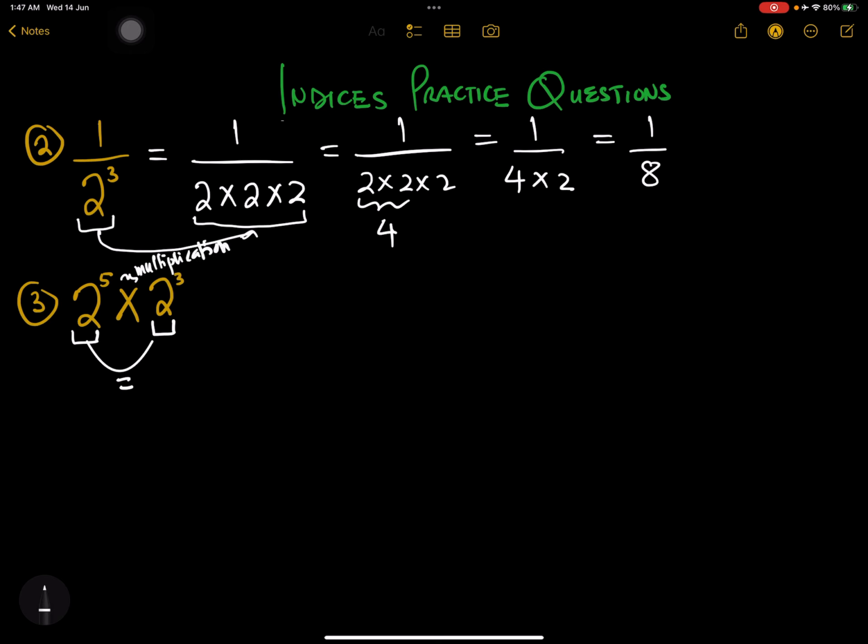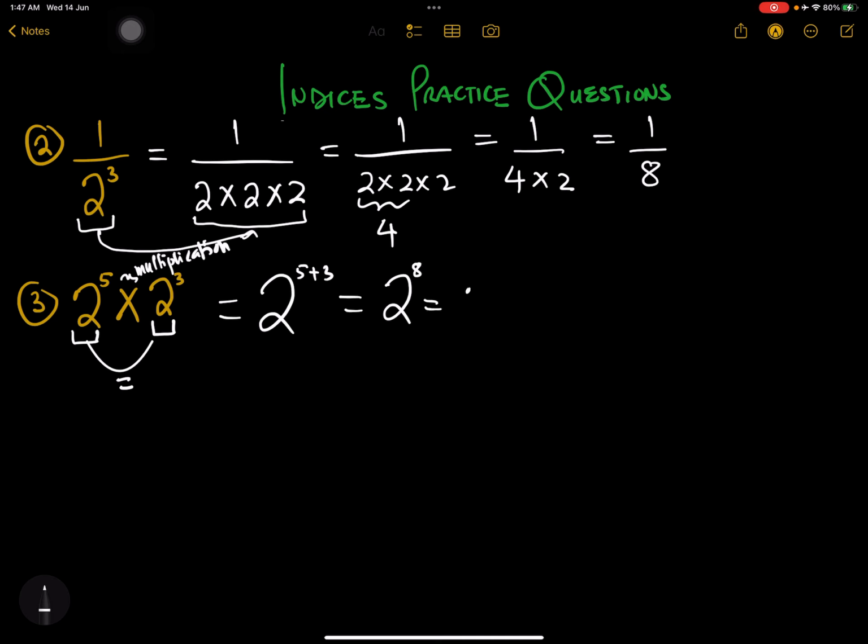Because the sign is multiplication and the bases are the same, we apply the rule that says we add the exponents. We add 5 and 3 together, and we get 2 to the power of 8.